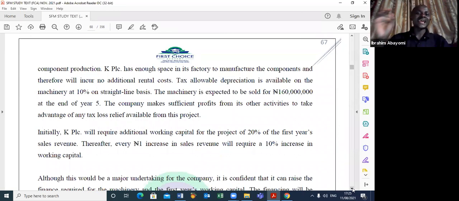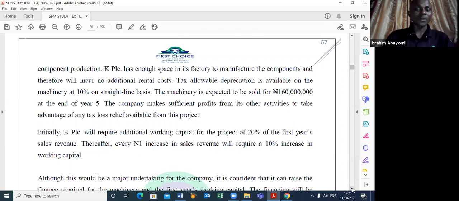KPLC has enough space in each factory to manufacture the component and therefore will incur no additional rental cost. Tax allowable depreciation is available on the machinery at 10% on straight line basis. The machinery is expected to be sold for 160 million naira at the end of year 5.